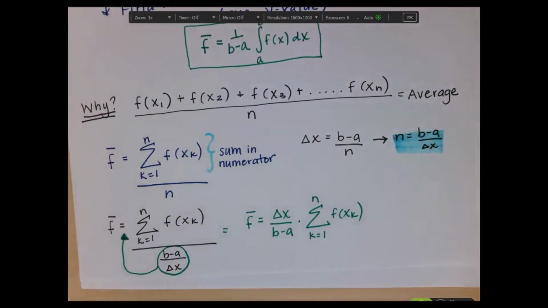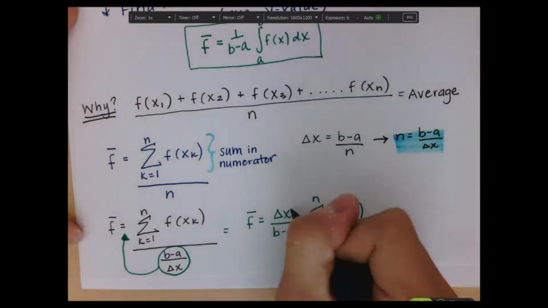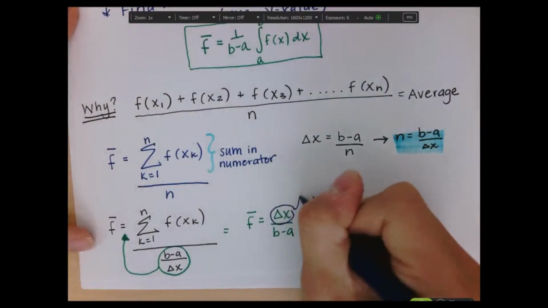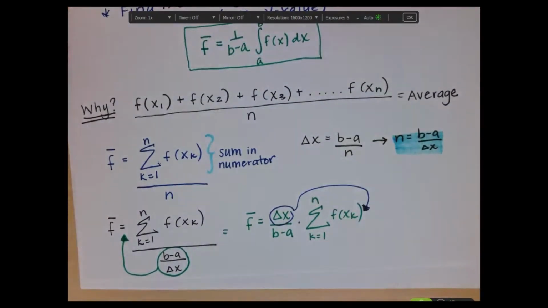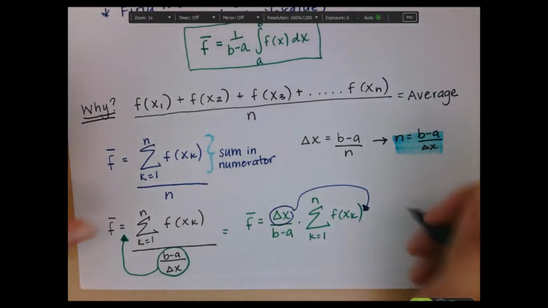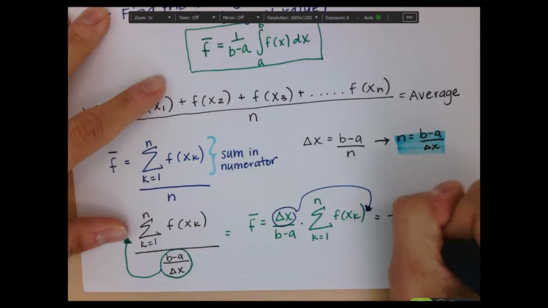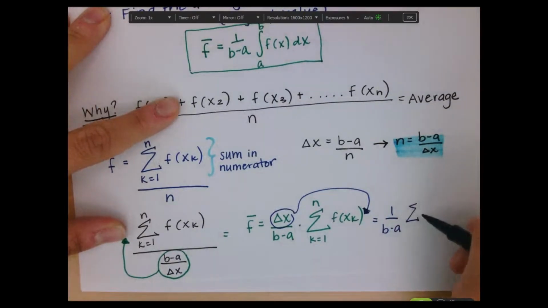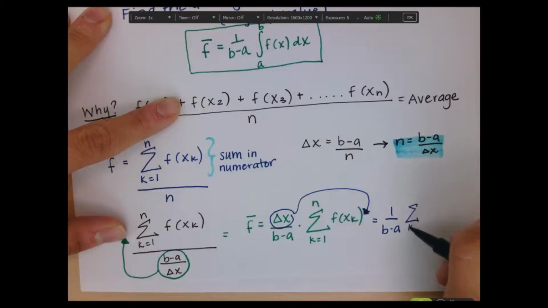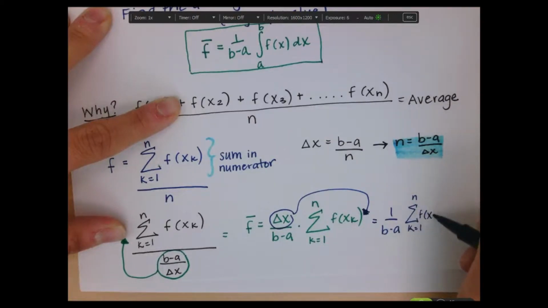Continuing on to rewrite this, I can also take this delta x and multiply it on the other side, because remember, with multiplication, the order doesn't matter. So I can keep 1 over b minus a on the left side, multiply that by the summation, and then multiply that by delta x.